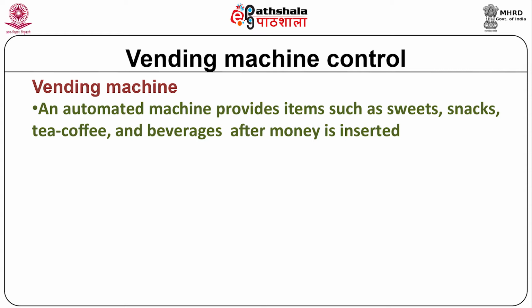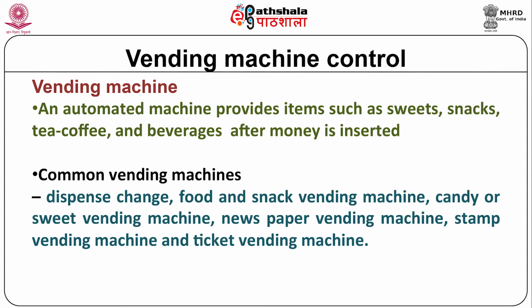Vending machines that provide less common products compared to traditional vending machines are also designed and distributed in the consumer market. The common vending machines are for dispensing change of currency, food and snacks vending machine, candy or sweet vending machine, newspaper vending machine, stamp vending machine, and ticket vending machine.